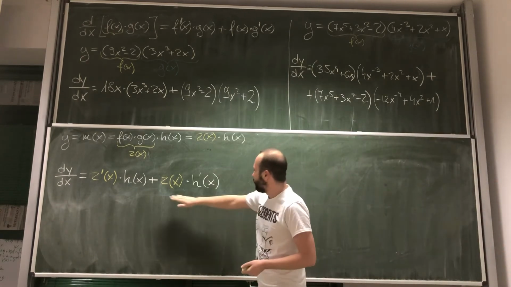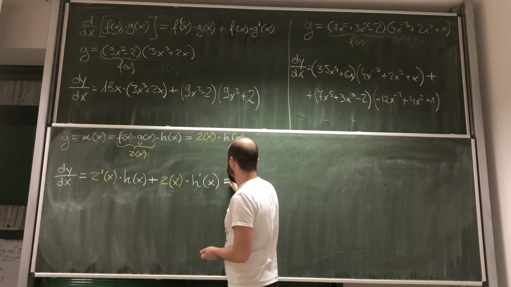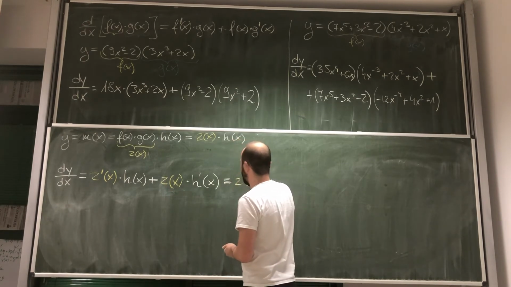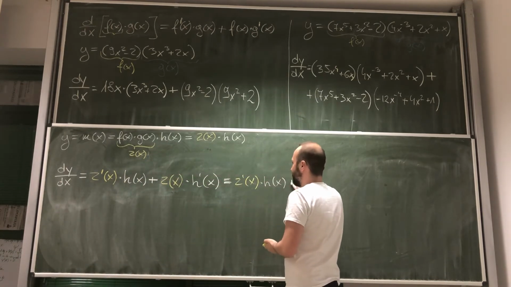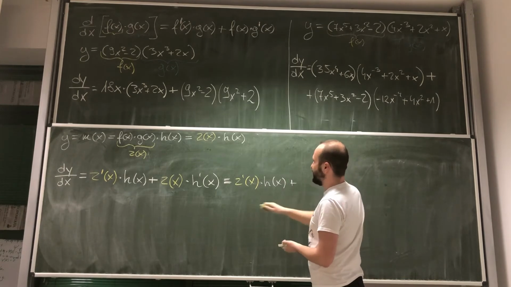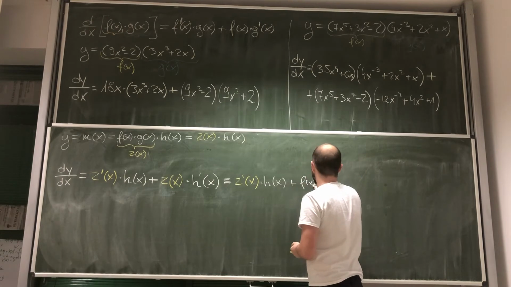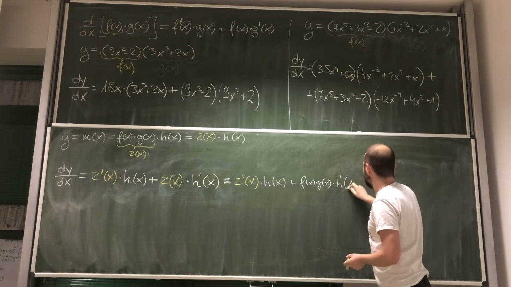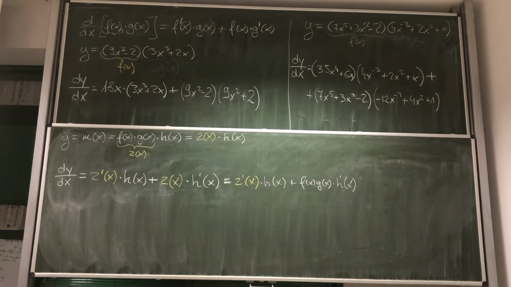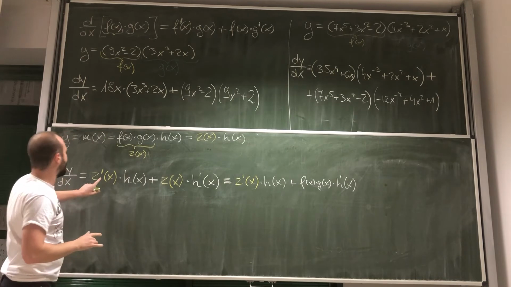We already know how much this is. We'll have z prime of x times h of x plus, and we know that z of x is equal to f of x times g of x, and now I just need to multiply it by h prime of x. What we do not know is z prime of x.